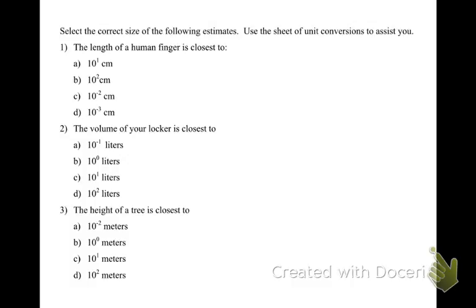Now, they don't tell you which finger, but just think about it logically. 10 to the first centimeters means that we're actually talking about 10 centimeters. 10 to the second centimeters means that we're talking about 100 centimeters, which is actually a meter. 10 to the negative second centimeters means we're talking about 0.01 centimeters, so actually 0.1 millimeters.